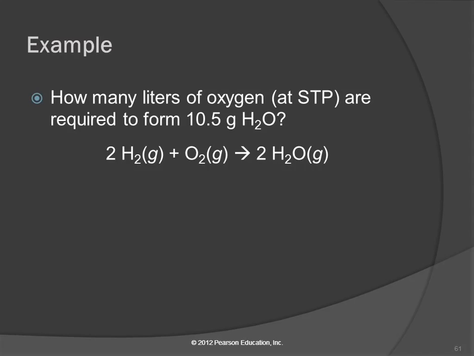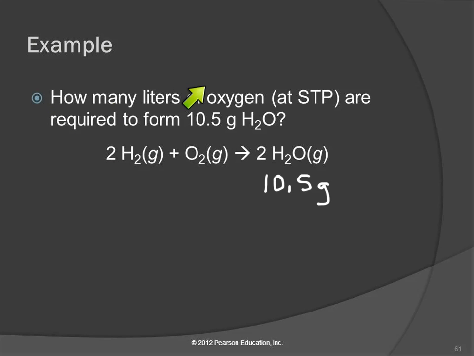How many liters of oxygen at STP are required to form 10.5 grams of H2O? And here we have our balanced chemical equation. So this ends up being stoichiometry with a gas twist to it. So 10.5 grams, well, let's write that under H2O. 10.5 grams of water.